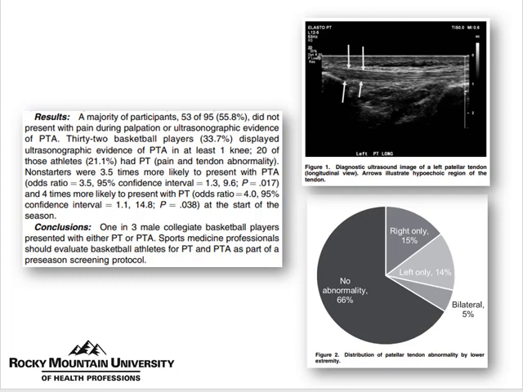And what we found, through the ultrasound testing and by finding out their symptom status, was that 1 in 3 male collegiate basketball players presented at the start of the season with either the diagnosis of patellar tendinopathy or patellar tendon abnormality as illustrated on diagnostic ultrasound.